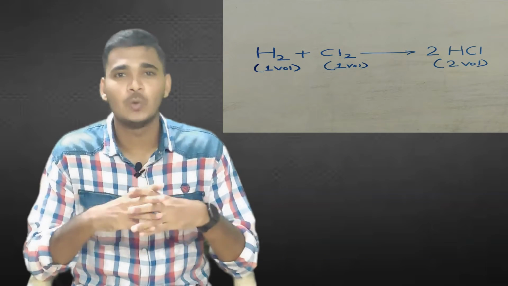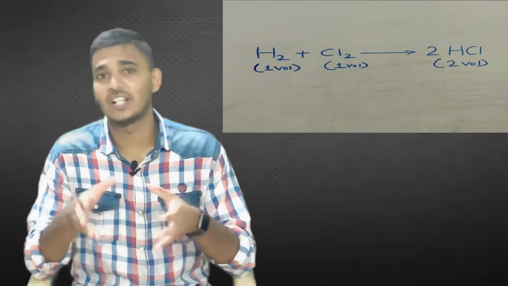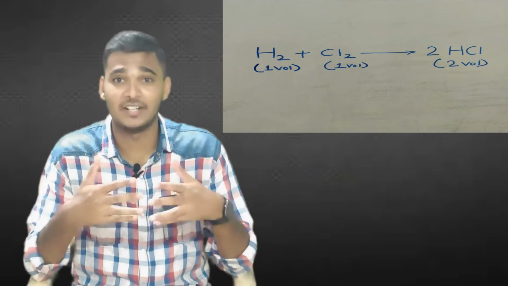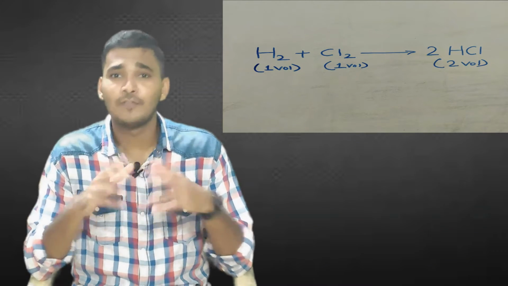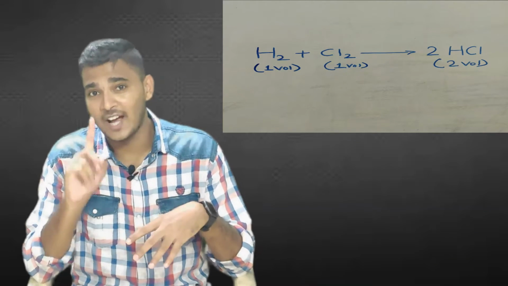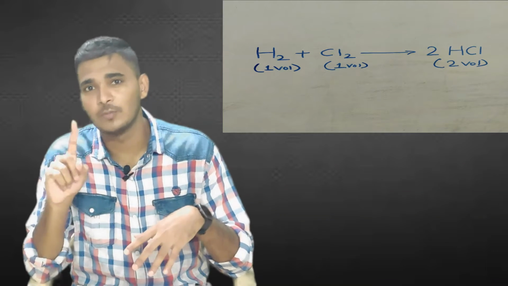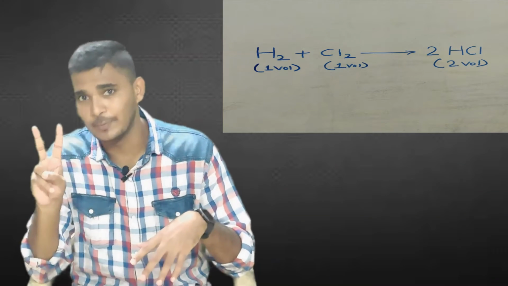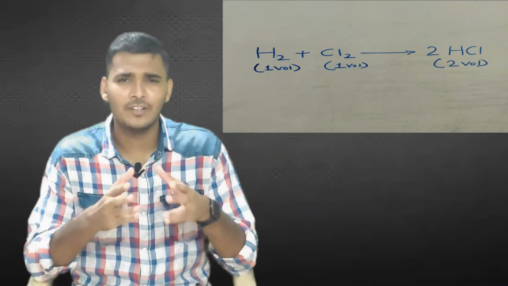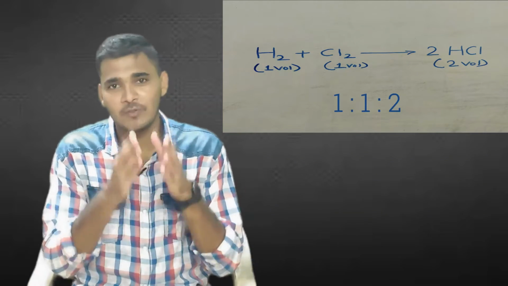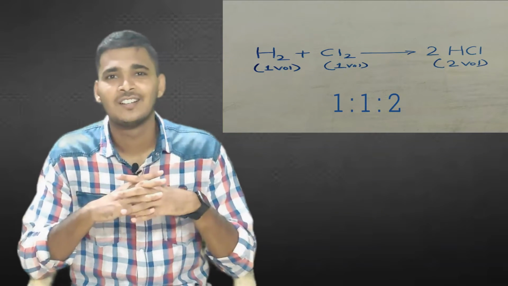As you all know, hydrogen and chlorine are both diatomic gases, they exist in pairs. If we balance the equation, you'll find that one volume of hydrogen combines with one volume of chlorine to form two volumes of hydrogen chloride gas. The ratio comes out to be 1:1:2, which is a whole number ratio and certainly in agreement with Gay-Lussac's law of combining volume.